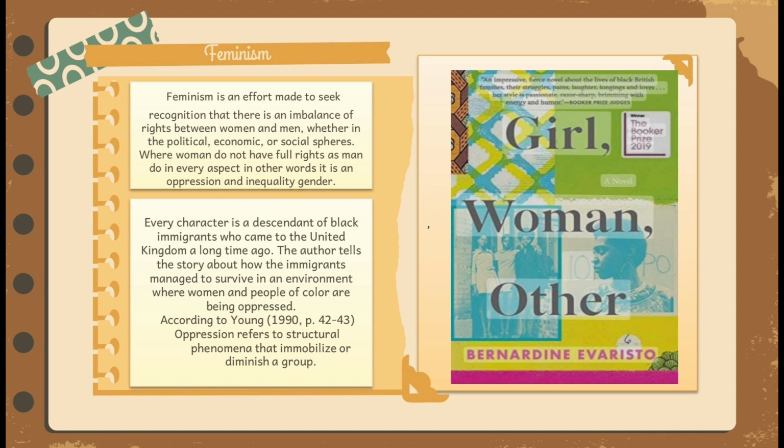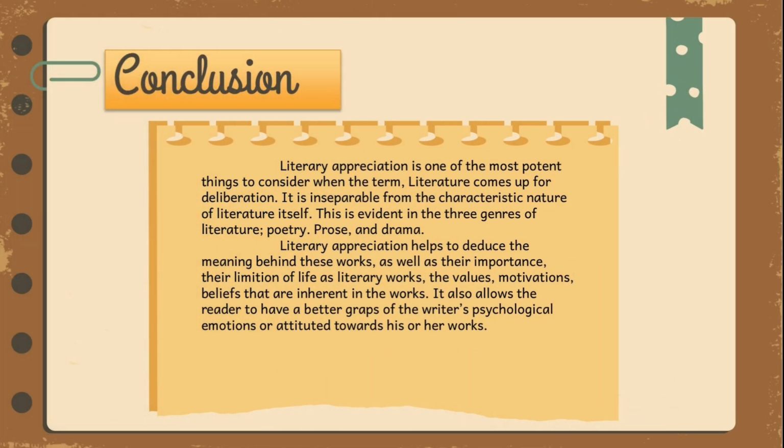According to Young in 1990, pages 42 to 43, oppression refers to structural phenomena that immobilize or diminish a group. And that's all the material that I've given. The conclusion is that literary appreciation is one of the most important things to consider when the term literature comes up. It is inseparable from the characteristic nature of literature itself. This is evident in the three genres of literature: poetry, prose, and drama.